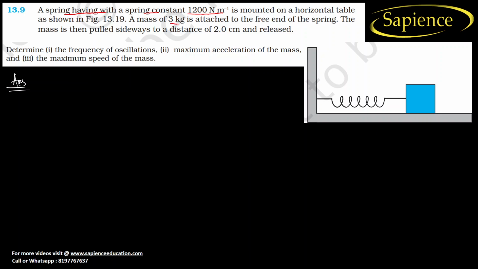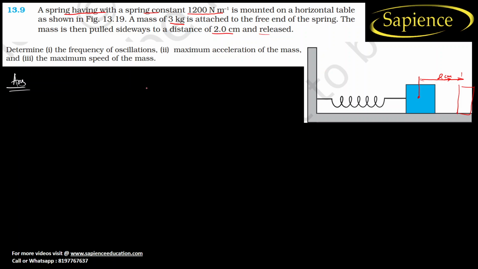A mass of 3 kg is attached to the free end of the spring and the mass is then pulled sideways to a distance of 2 centimeter and released. So let us consider this is the mass and it has been stretched and displaced by 2 centimeter, and then released.